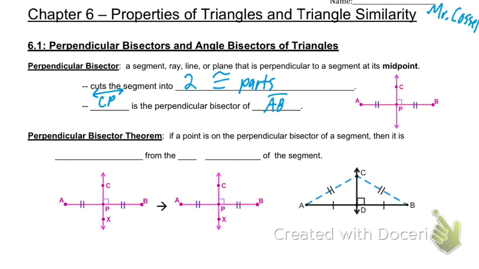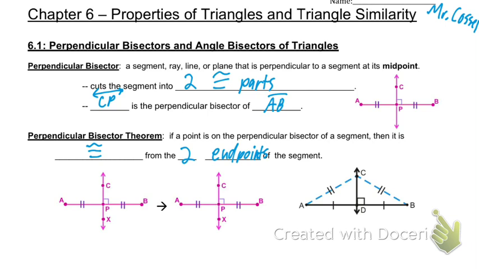So, the perpendicular bisector theorem, because we have theorems for everything. If a point is on the perpendicular bisector of a segment, so once again, the perpendicular bisector was line CP. In this case, line CP, or P and X, could all be points on the perpendicular bisector of a segment. Then it is going to be equidistant from the two endpoints of the segment.